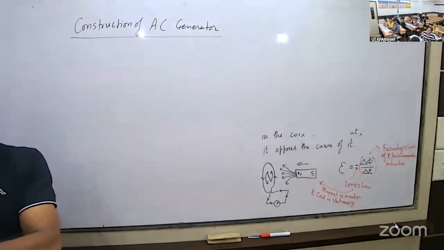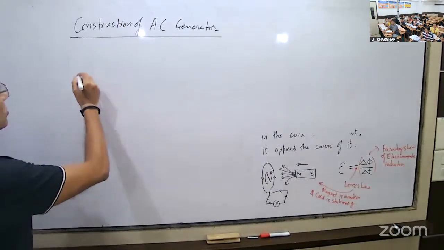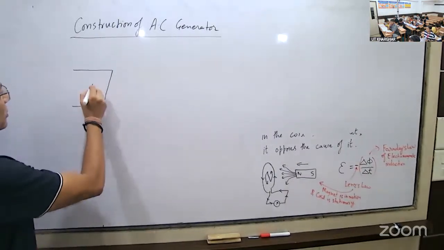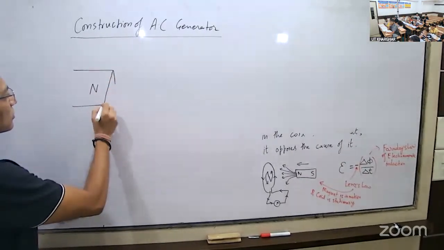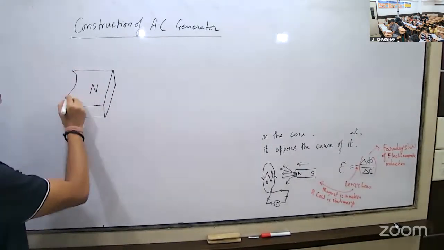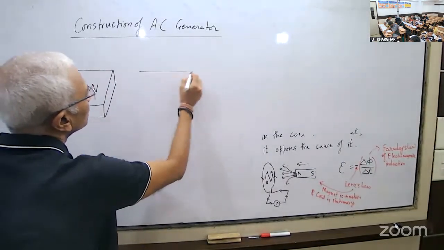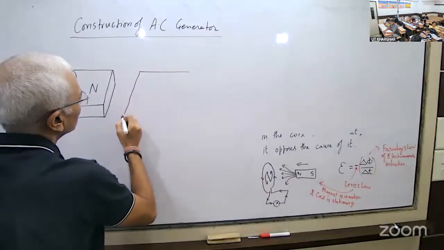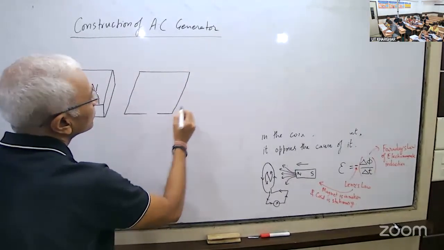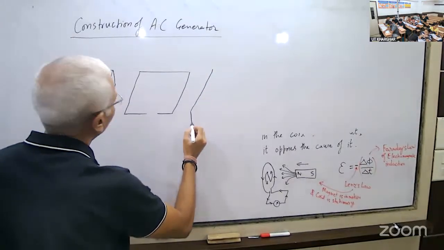Ditto diagram has DC motor with small changes. So what was DC motor? You had a magnet, then you had a coil, and the other pole of the magnet.